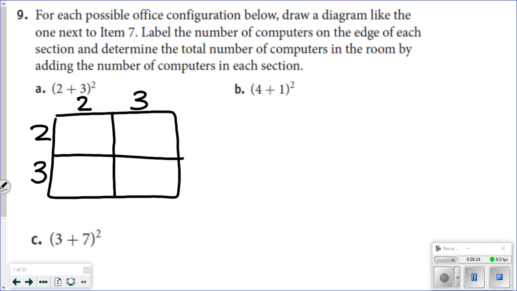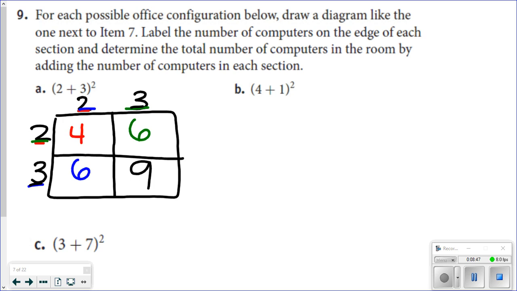So here's how we do this. Edge times edge. 2 times 2 is 4. 2 times 3 is 6. 2 times 3 is 6. And then lastly, we get a 3 times 3, which is 9.